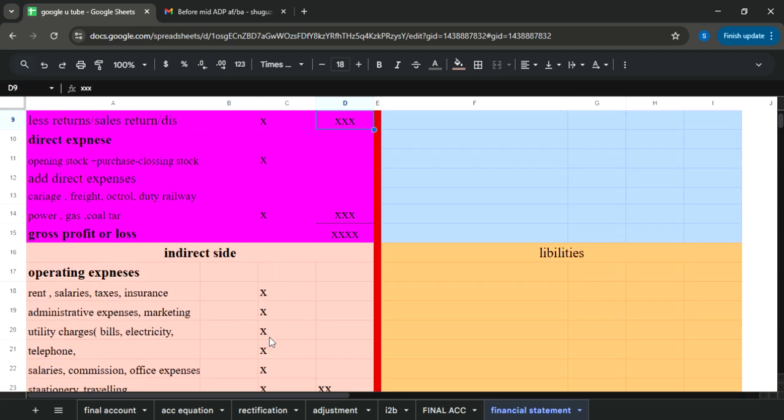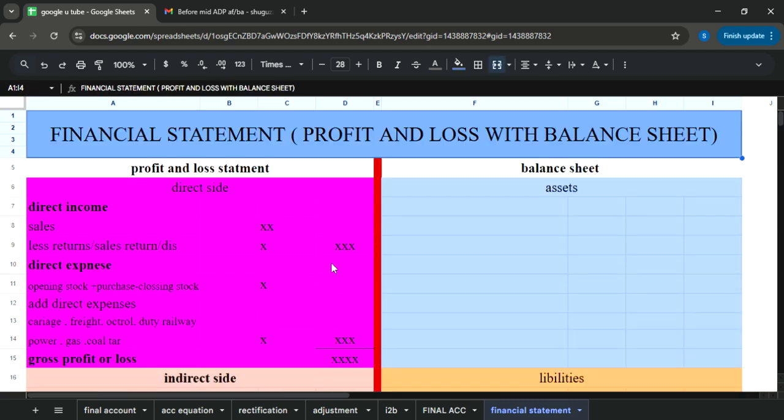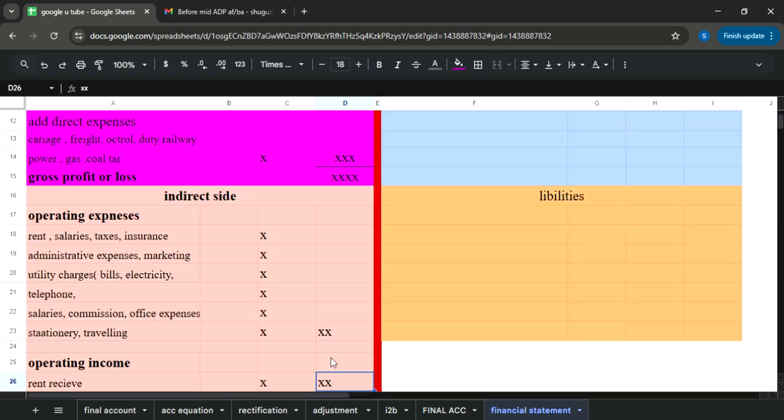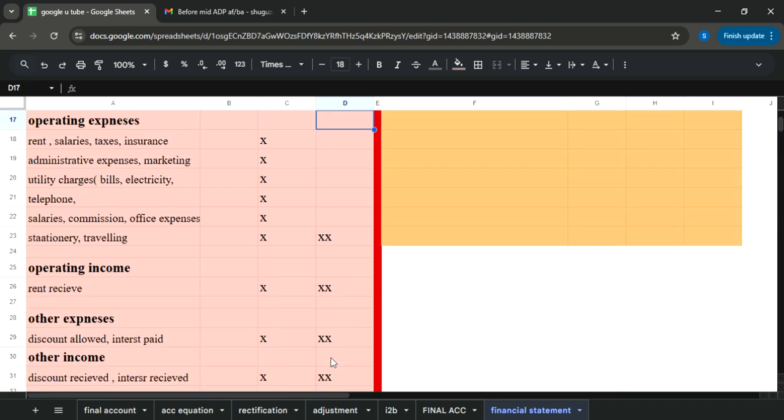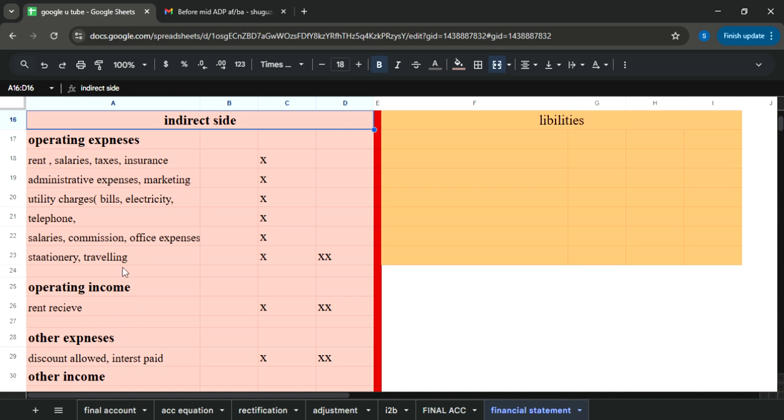Once again, I need you to see it again. Direct income, direct expenses, the difference would be your profit. After this, the indirect side would be appearing, and over here there are two different types of expenses, two different types of incomes. In the indirect side, you have operating expenses, operating income, other expenses, and other income. You will be calculating these.